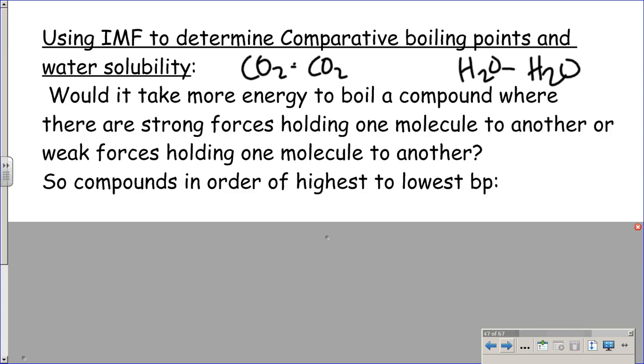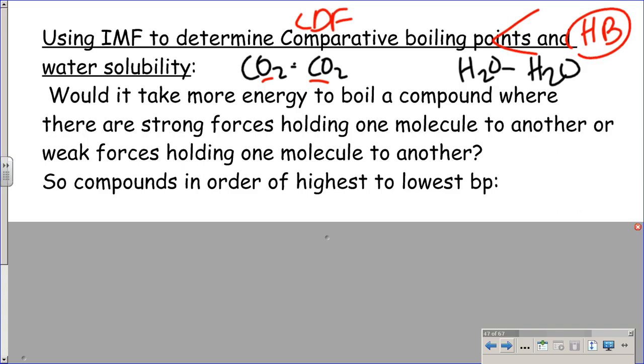Right. Water has a stronger interaction. What interaction does water have? Hydrogen bonding, which is stronger than what interaction here? London. These are London dispersion forces because these are both nonpolar molecules. Nonpolars interact via London dispersion.